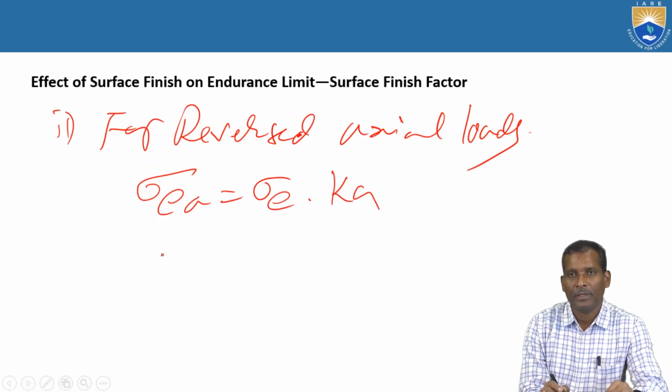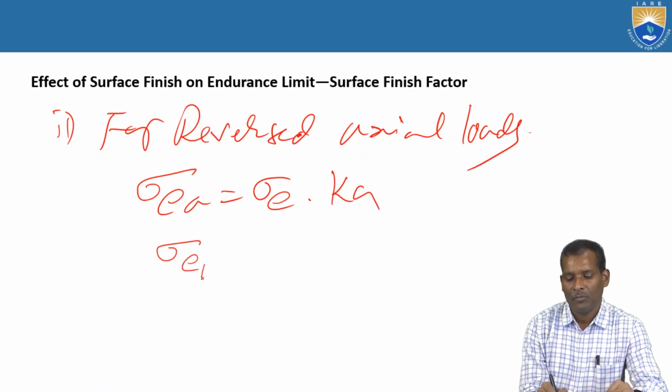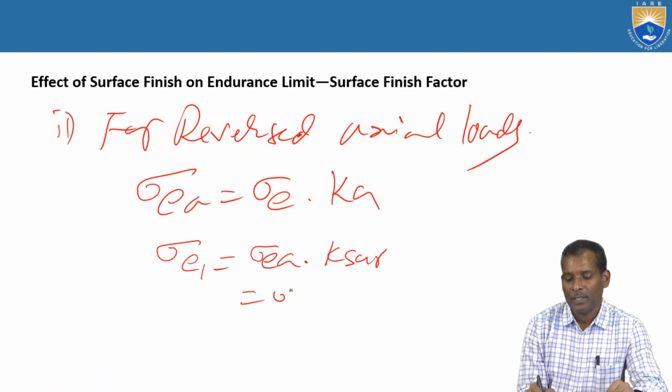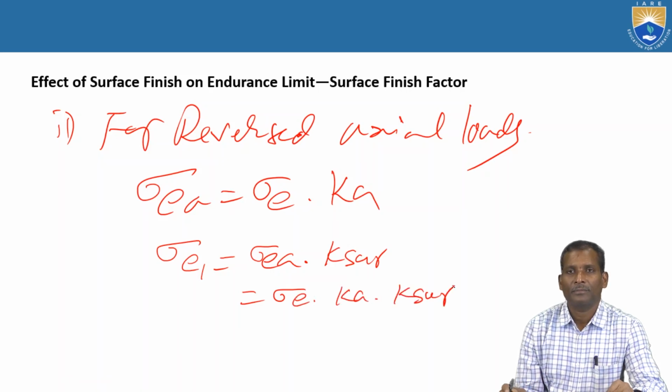Now, while considering surface finish factor, sigma E1 is sigma EA multiplied with K surface finish factor. So sigma E1 is sigma E into KA into K surface finish factor.